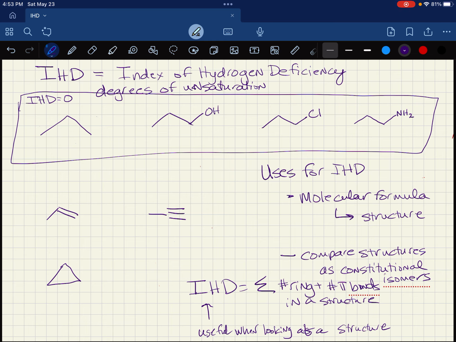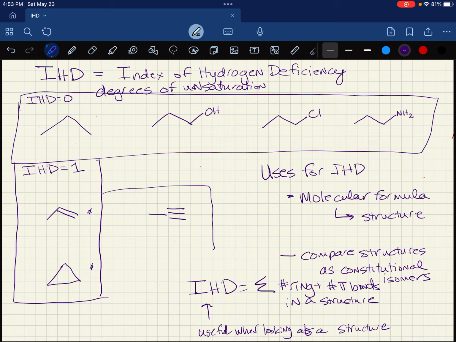Both of these structures here have either 1 pi bond, as in this structure here, or 1 ring. So both of these would have an IHD equal to 1. This compound has 2 pi bonds, so it has an IHD equal to 2.